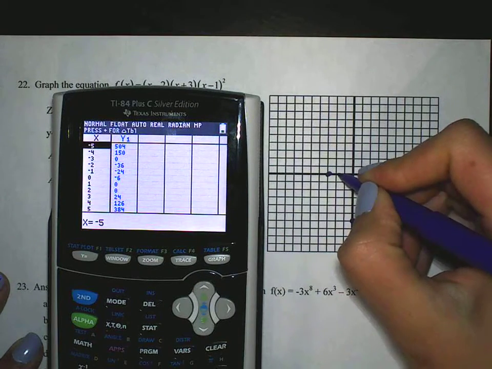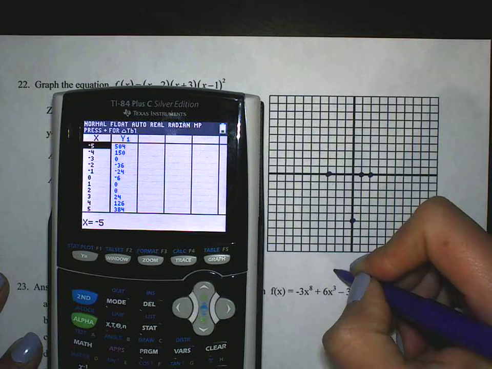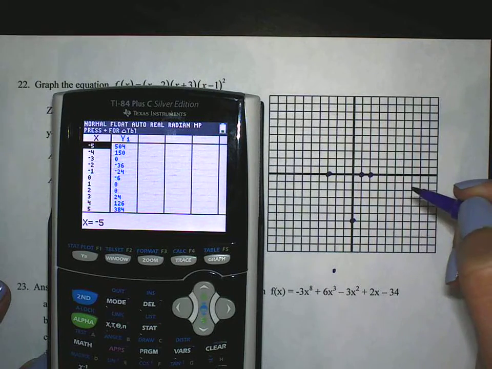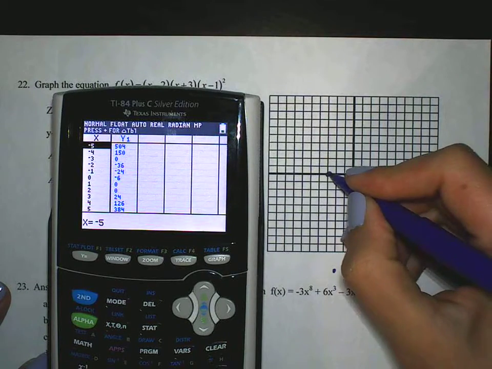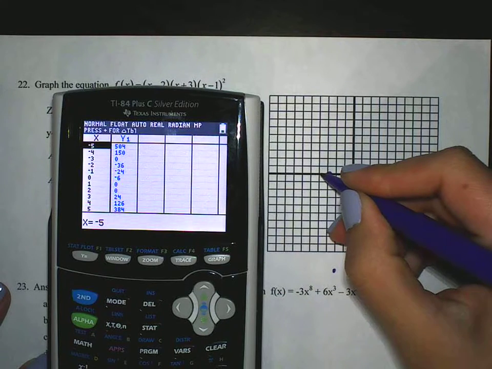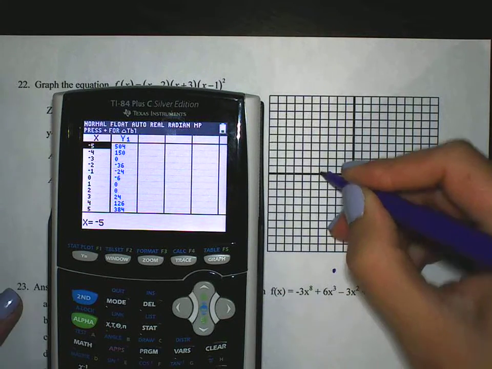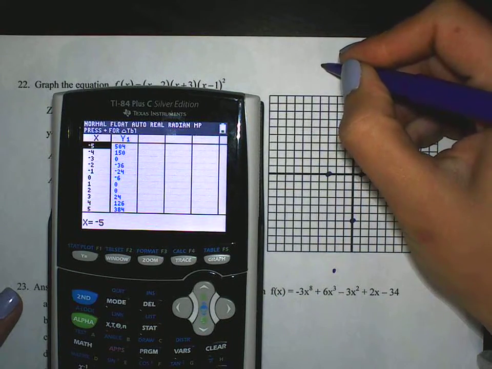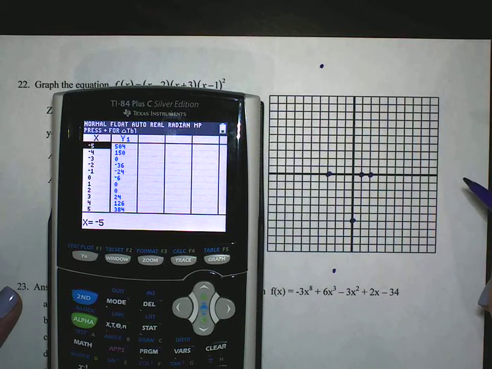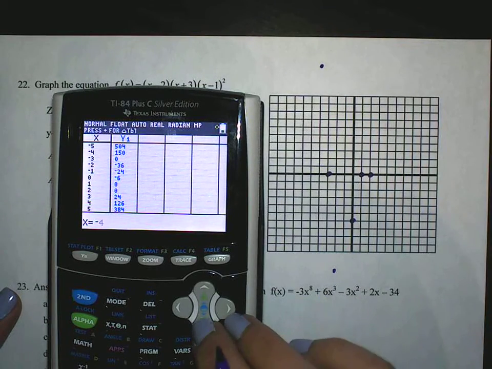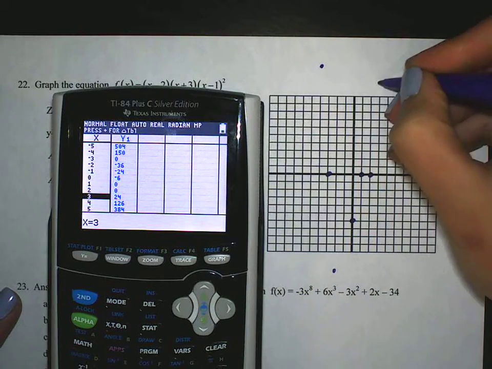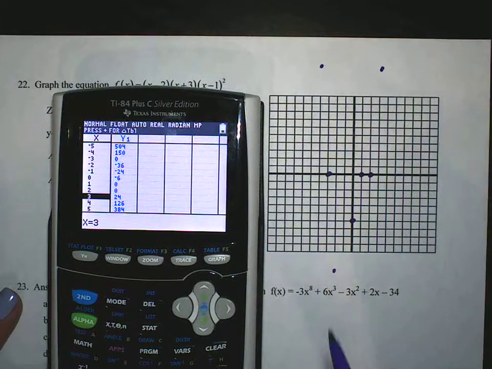At -2, it's -36, so it's off of my graph. So I'm going to put a little dot there to remind myself it's off of my graph. At -4, it's also really high at 150, so I'm going to put a little dot here to remind myself it's 150. Let's see. At 3, it's +24, so it's off my graph up here.